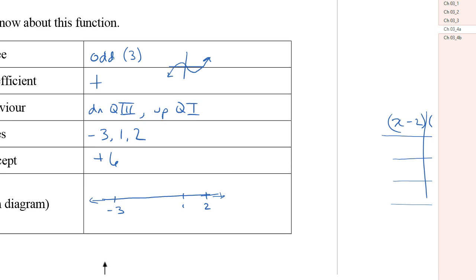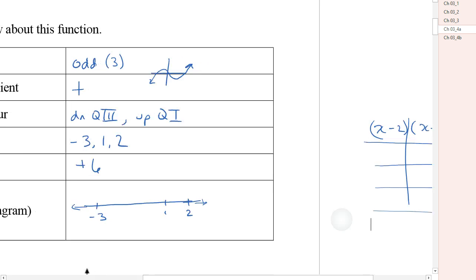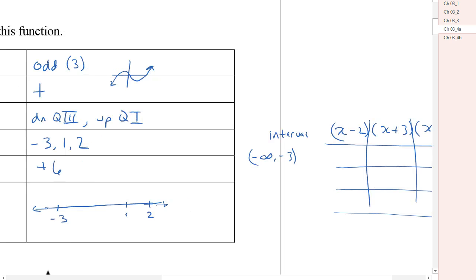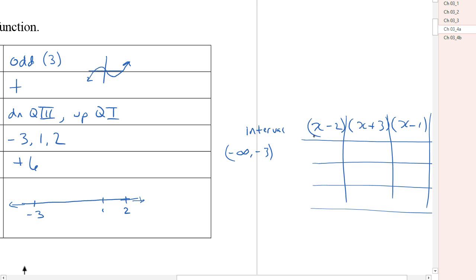So the first interval, to the left of the -3, would be between -infinity and -3. I think this interval notation is so much easier to work with. So if I put in a very large negative value, so imagine that x is a very large negative value, this term will be negative.